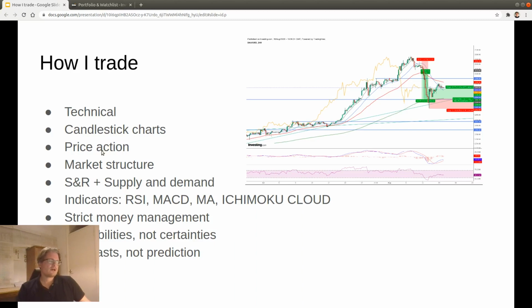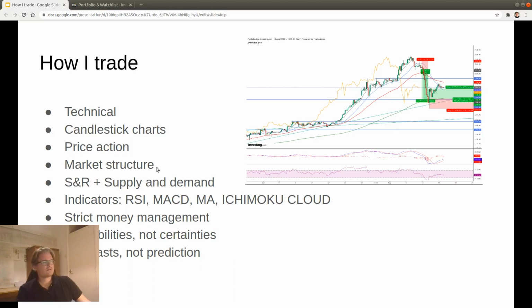So I trade price action. You can see a lot of indicators on this chart, but the most important thing I look at is price itself and how it moves, and that's called price action. And I also look at the market structure.